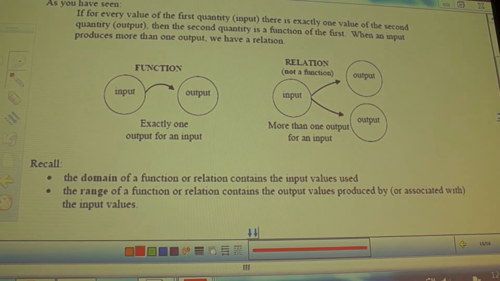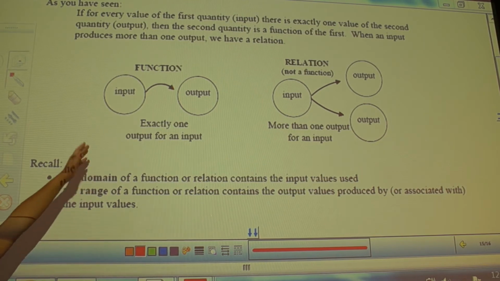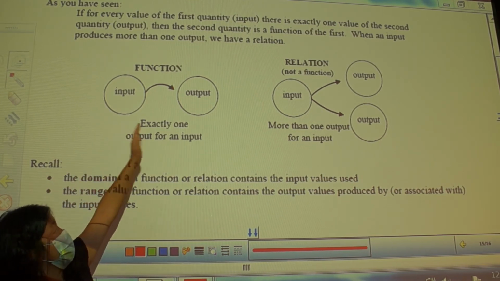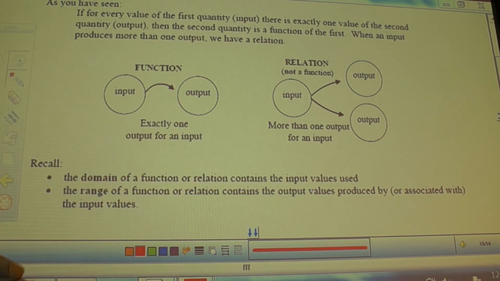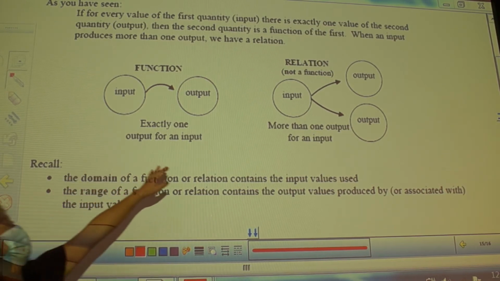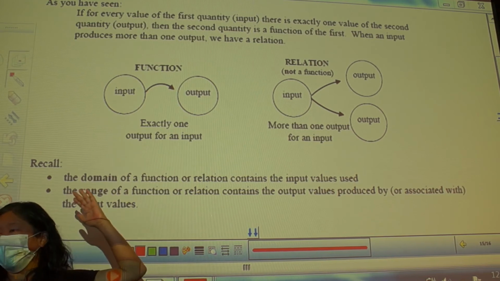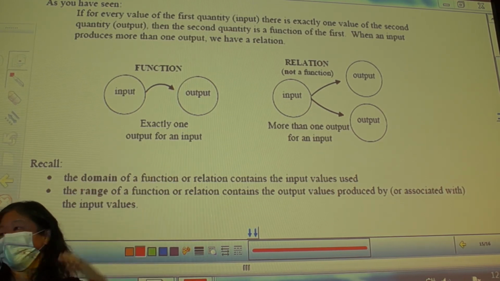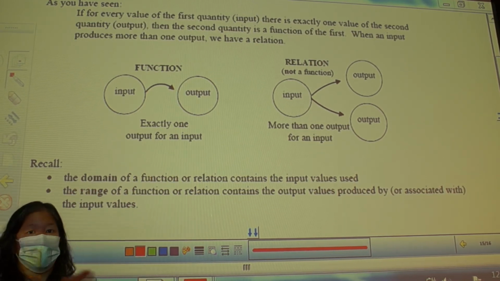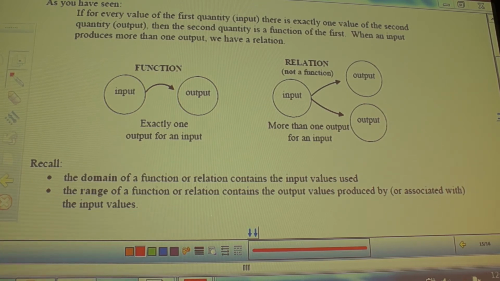So the nice thing is, if it's a function, each input has only one output. For an inverse to also be a function, every output could only have one input. Otherwise, the inverse would not be a function, right? It has to go both ways.